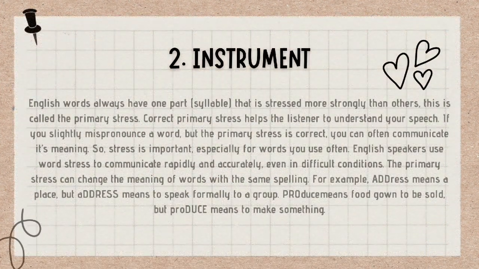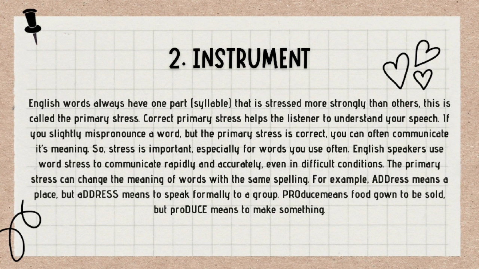2. Instrument. English words always have one part or syllable that is stressed more strongly than others. This is called the primary stress. Correct primary stress helps the listener to understand your speech.